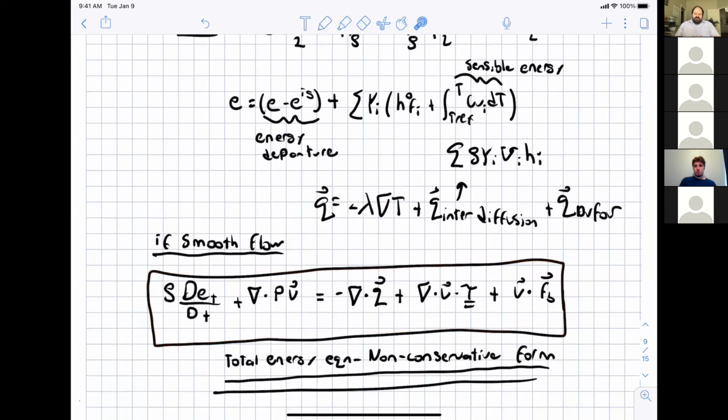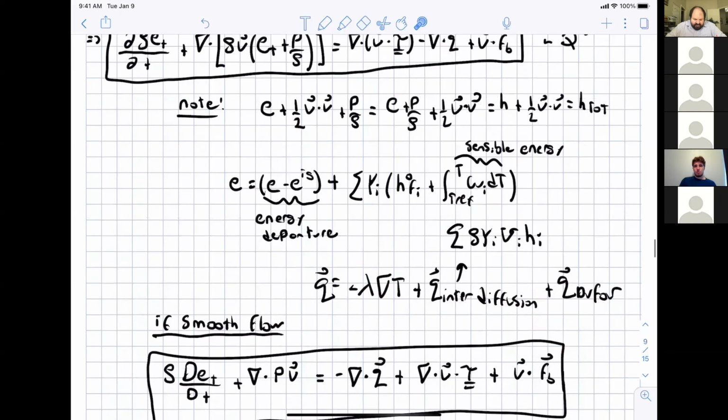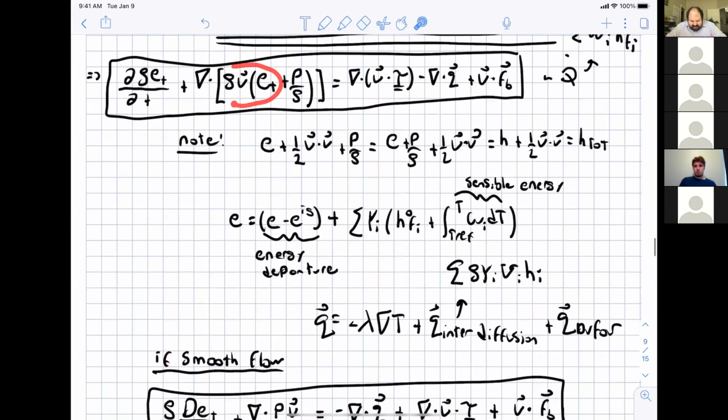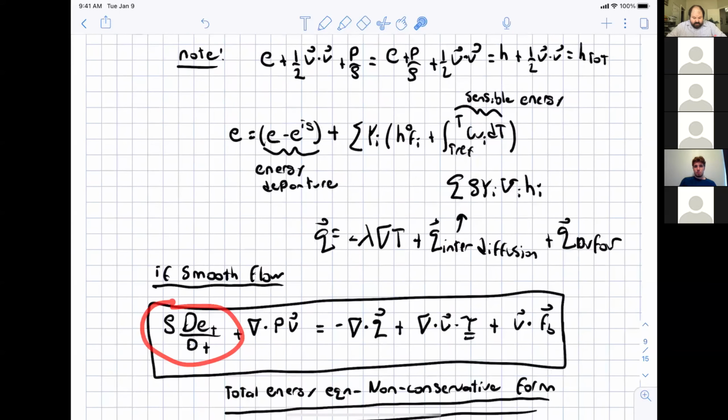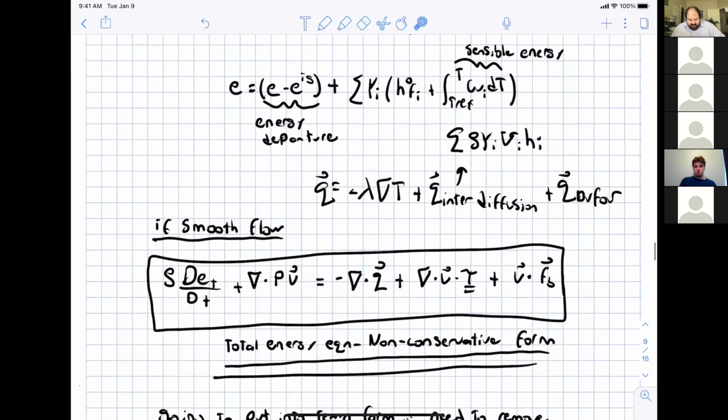Again, you can only do this operation if the quantity rho v times Et is differentiable. If you have a discontinuity in your flow, such as a shock wave, then across the shock this term is non-differentiable, and so you cannot do this step. This would be the total energy equation in non-conservative form.